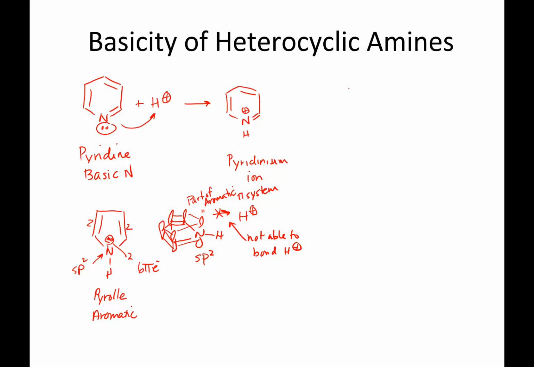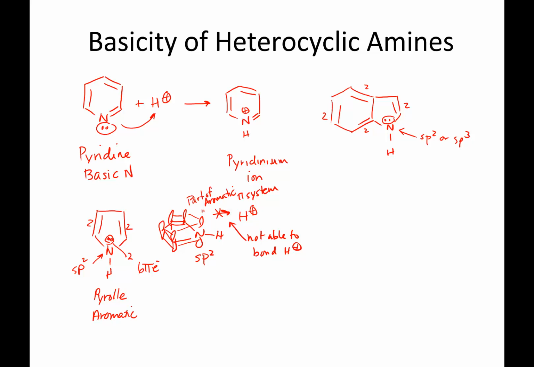Another example of a non-basic nitrogen would be something like this. If we had this 5-membered ring, then what would happen is that the nitrogen again could be sp2 or it could be sp3, and it's going to choose to go sp2 if it will make the system aromatic. We have 2, 4, 6, 8.